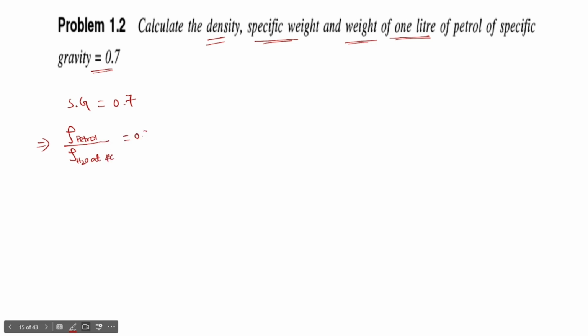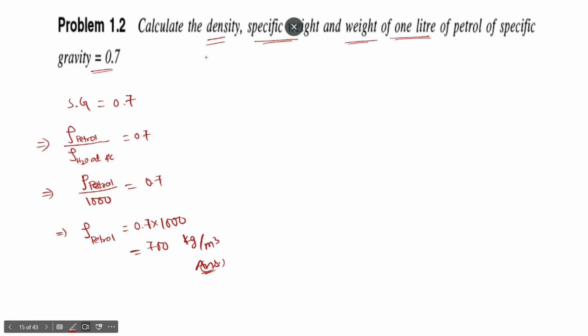So rho of petrol divided by 1000 equals 0.7. From here rho of petrol equals 0.7 into 1000, so 700 kg per meter cube is our answer.